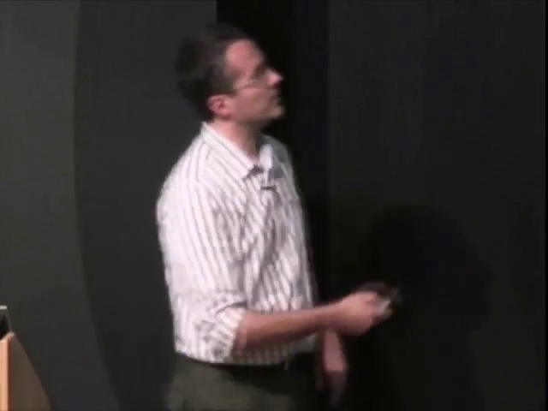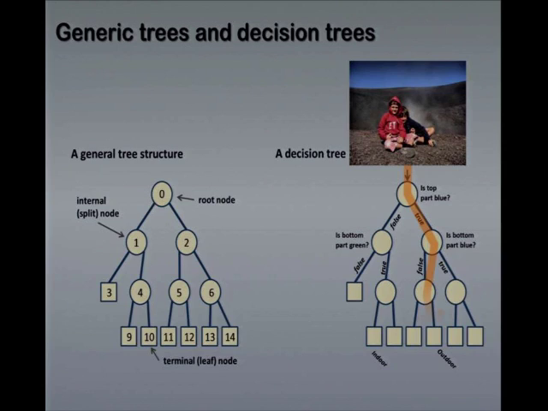So if I've got a picture of my kids here, I'm trying to figure out whether this is an outdoor scene or an indoor scene. You can think, oh yes, I know how to do this. If the top half of the image is mostly blue, then it's likely to be an outdoor scene. So you can write this in terms of a decision tree. At this node I insert a question, which is: is the top part blue?